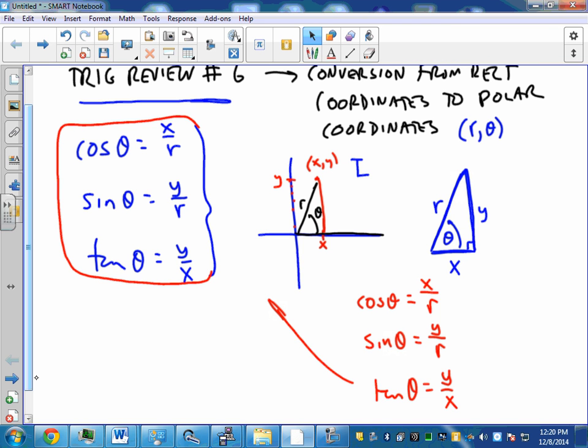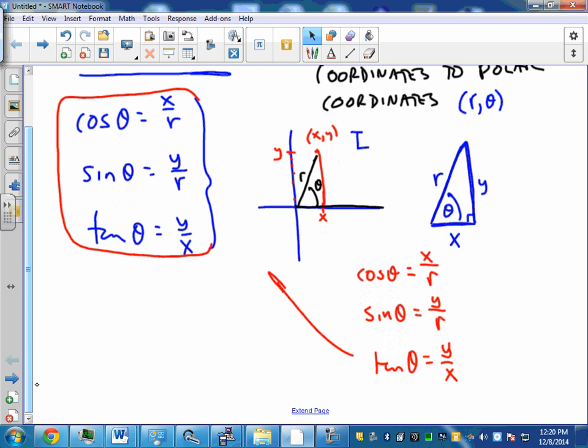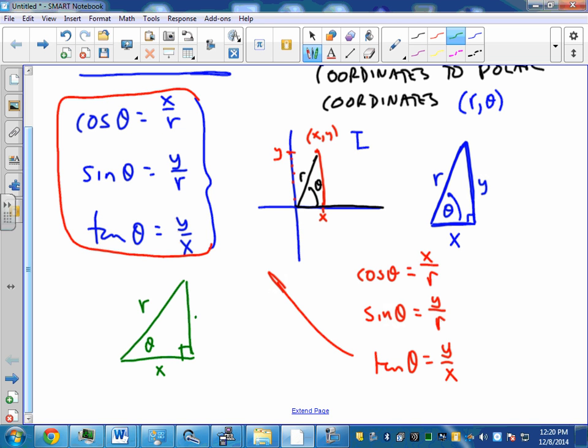Now, polar coordinates. Let's take any one of these equations. We'll take the first one, the cosine of theta is x over r. Here's our right triangle. There's theta, there's x, there's r, there's y, and we see very clearly the cosine of theta is x over r, but multiplying both sides by r, we get the equation x is equal to r cosine theta.